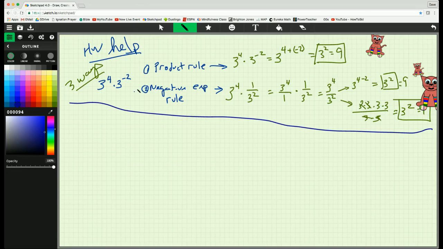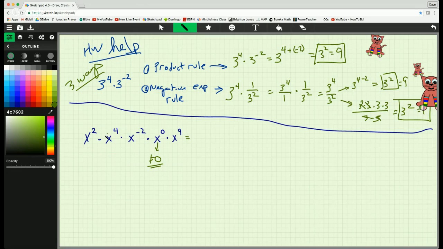Now that we know that we can just add these together, positive numbers or negatives, let's do a crazy problem. X squared times x to the 4th times x to the negative 2 times x to the 0 times x to the 9th. Now I want you to remember that x to the 0 does not equal 0. It equals 1, right?